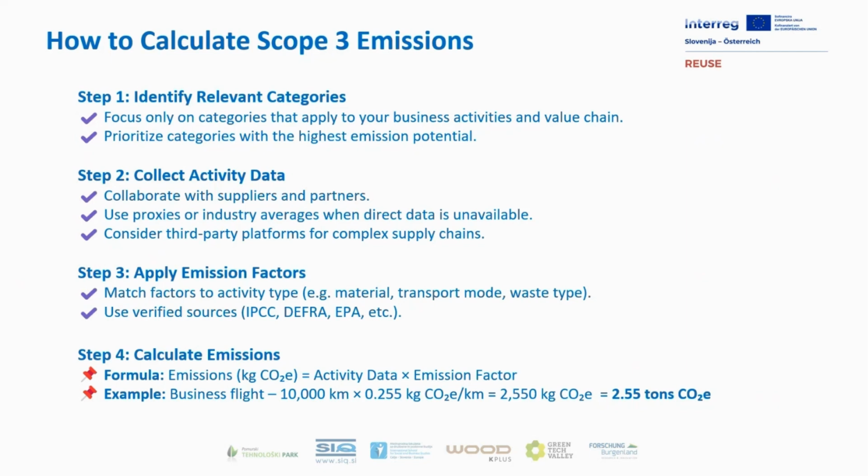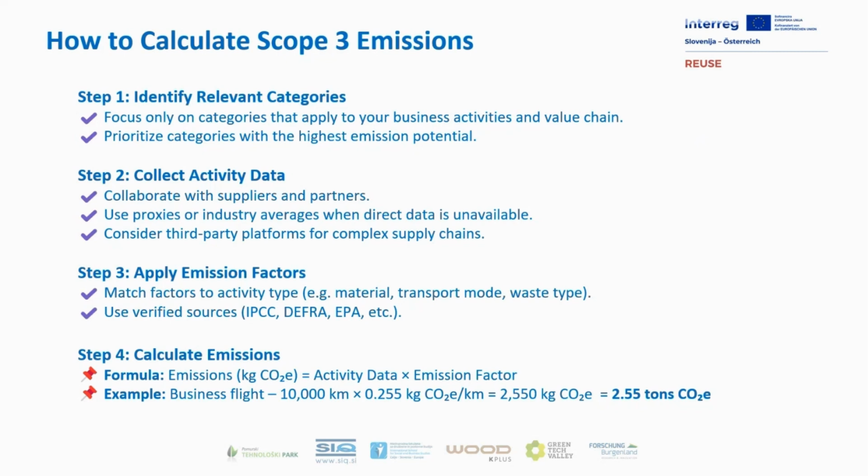Luckily, not all of these 15 Scope 3 categories will apply to every organization. The first step is to analyze your business activities and supply chain to identify which categories are most relevant and likely to represent the largest share of emissions.